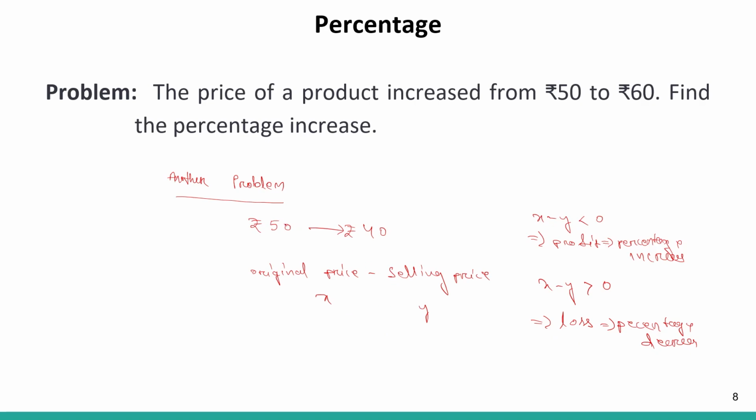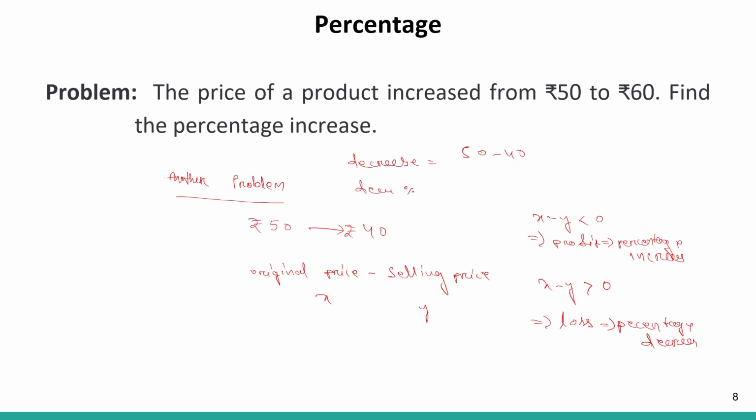You had a product that was originally priced at 50 and now it is priced at 40. So what is the change in price? You know that it is a percentage decrease problem. So the decrease is equal to 50 minus 40, that is 10.